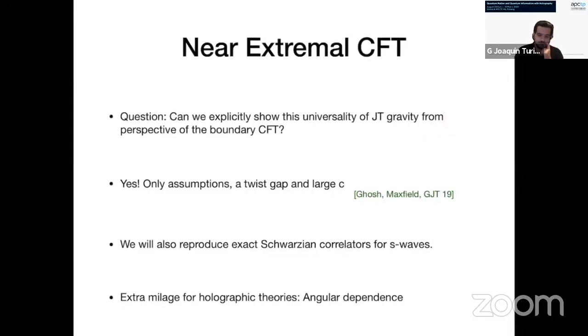Okay, so that's the question I just did, and the answer is yes, and the assumption is to have a twist gap and large c. And we will reproduce the exact Schwarzian correlators, including quantum effects.